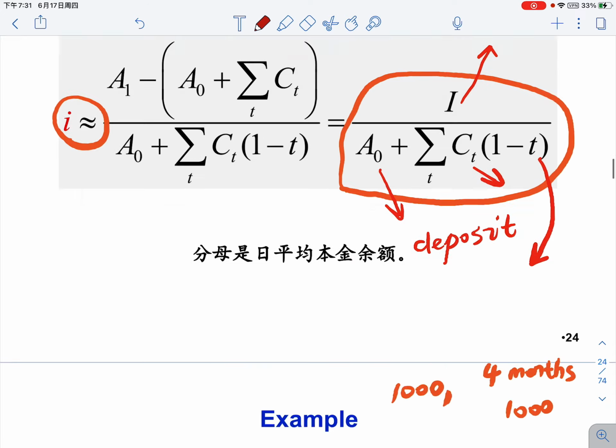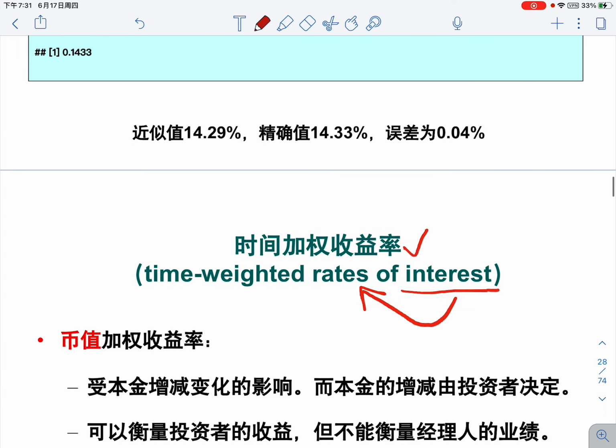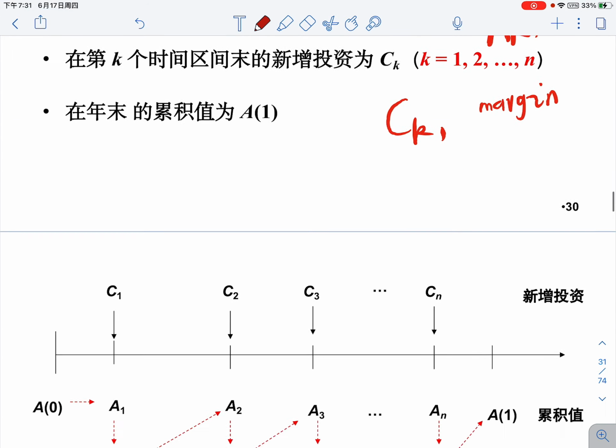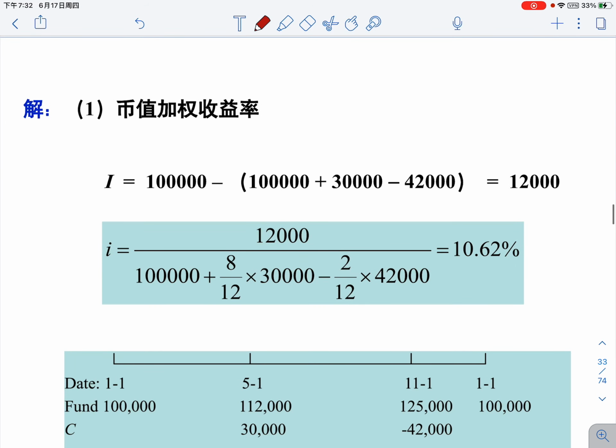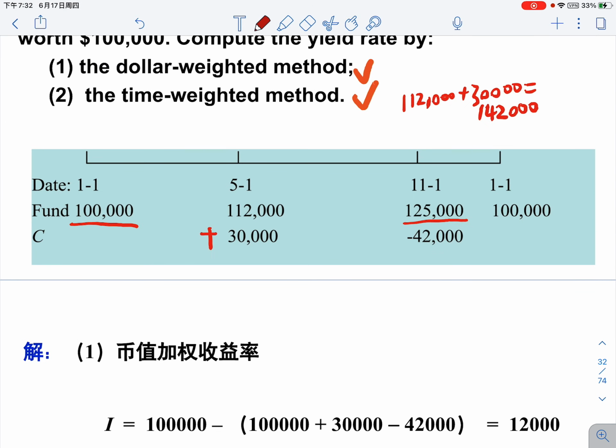So let's go back to that question. We should first figure out the interest. Interest is the final amount of money minus the deposits.